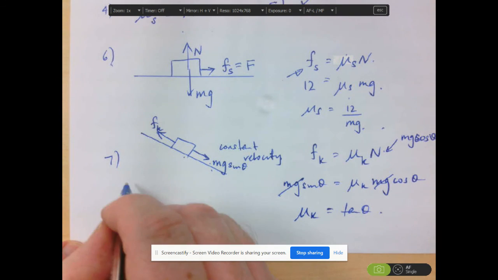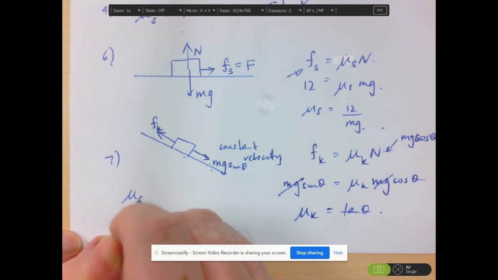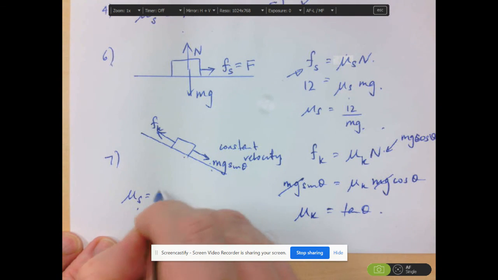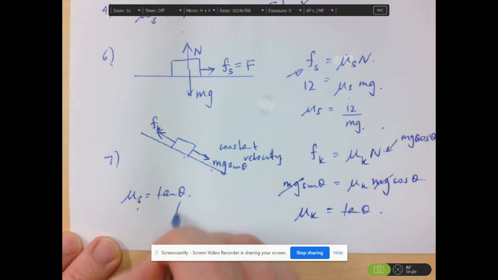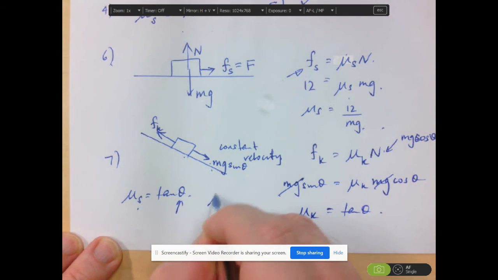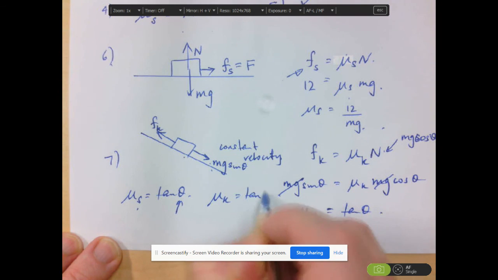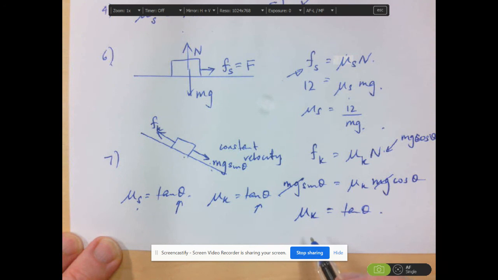So we get mu s, the static friction one, is equal to tan theta, and that's the angle at which it first moves. We get mu k equaling tan theta, and this is the angle that it slides down at a constant speed. So that's the only difference between these two values. So that's question 7.